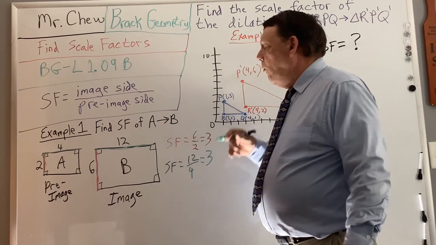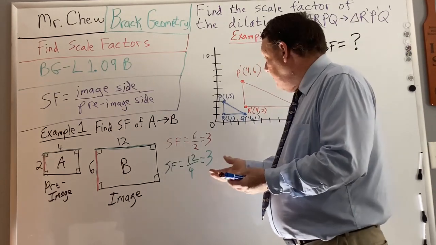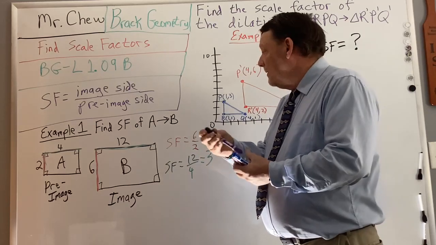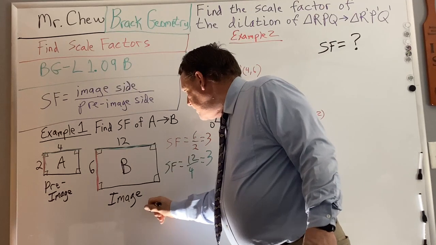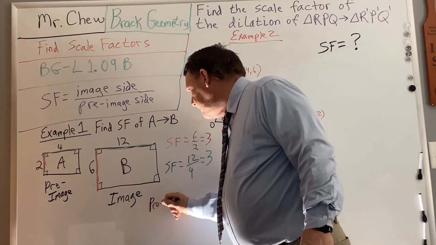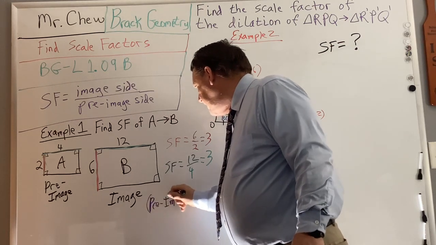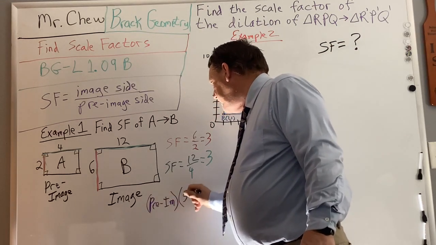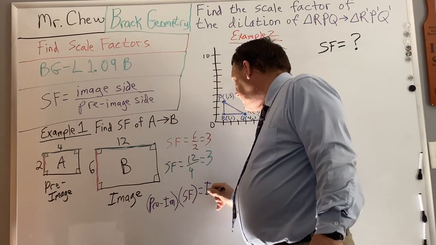Now, what does it mean? We have all this stuff up here, but what does it mean? So you can take the pre-image length, any of the lengths on a dilation, you take the pre-image length, multiply it by the scale factor, and you're going to get the image length.